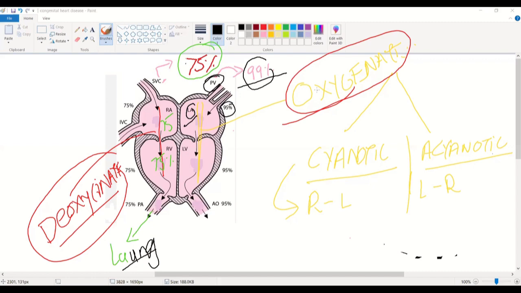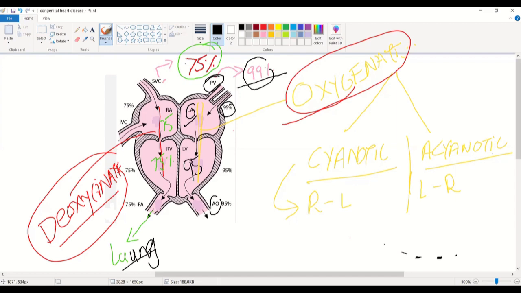These veins that drain directly into the left atrium decrease the oxygen saturation there somewhat. So it is 95% in the left ventricle, and 95% in the aorta.